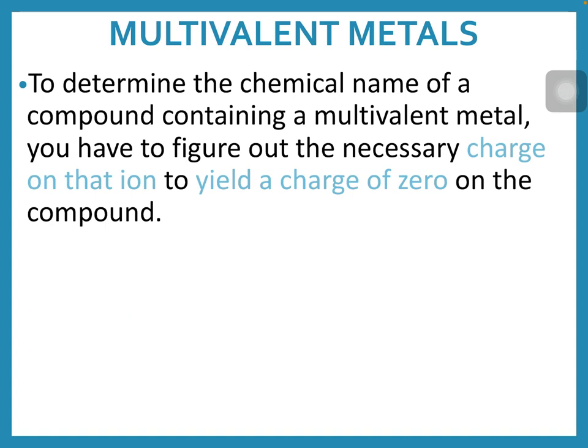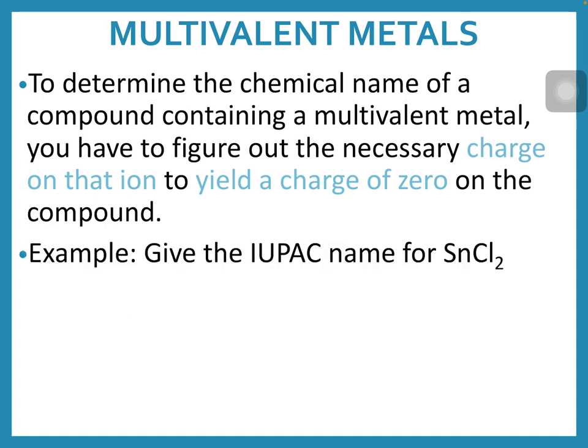So to come up with the name, we have to figure out what charge on the ion would give us 0 charge overall. So this is the working backwards. If we are given the formula, how do we figure out which of the valences it was?